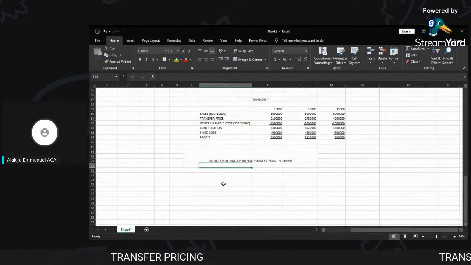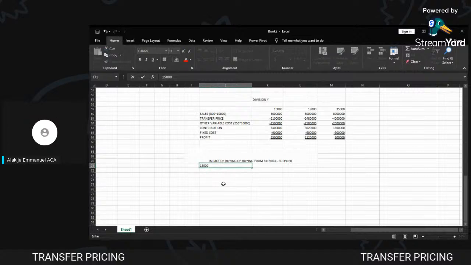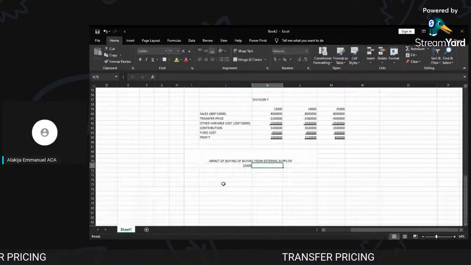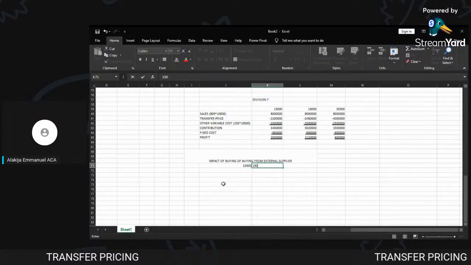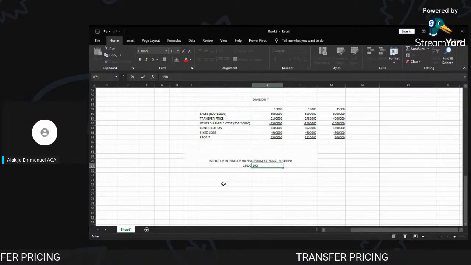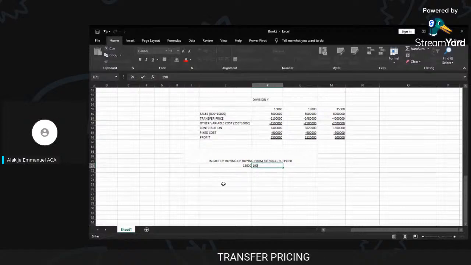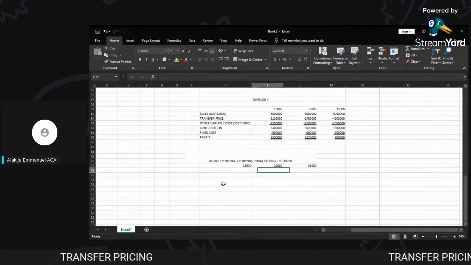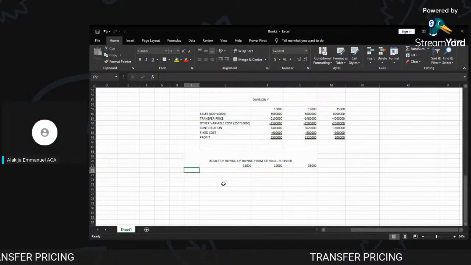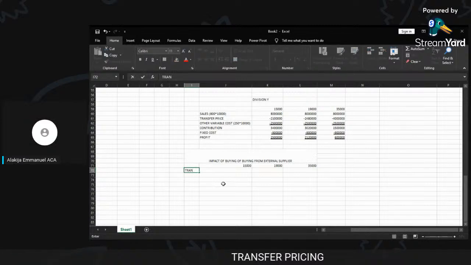So we have when the external market demand was 15,000, 19,000, and 35,000. What is the transfer price at each of these units?